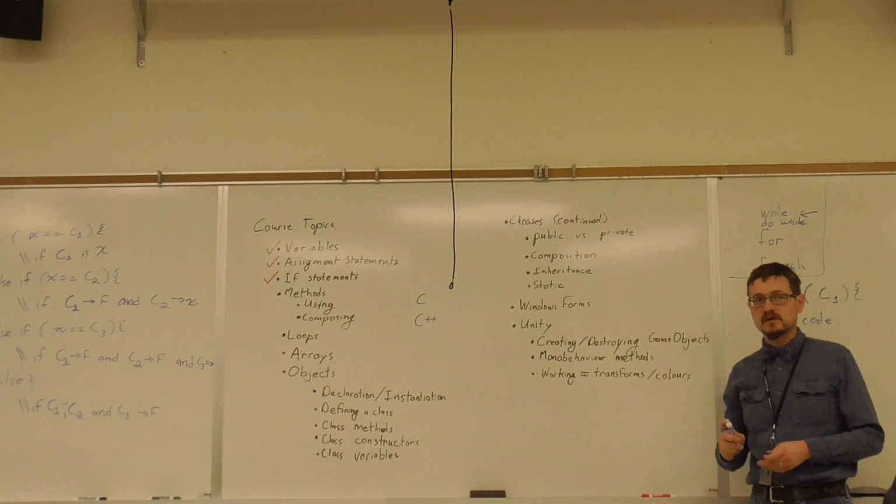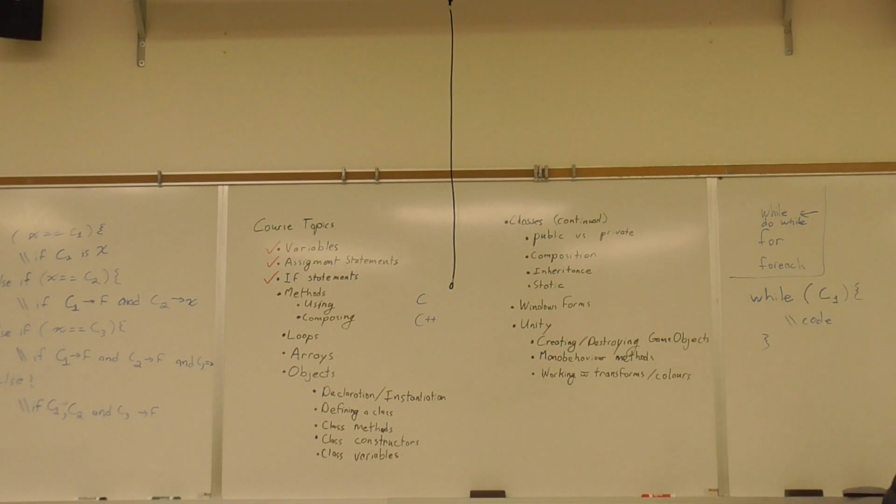So the semantics here: so long as this condition is true, this code will be repeated. The condition is checked at the beginning, before this piece of code is executed, every time it's executed.